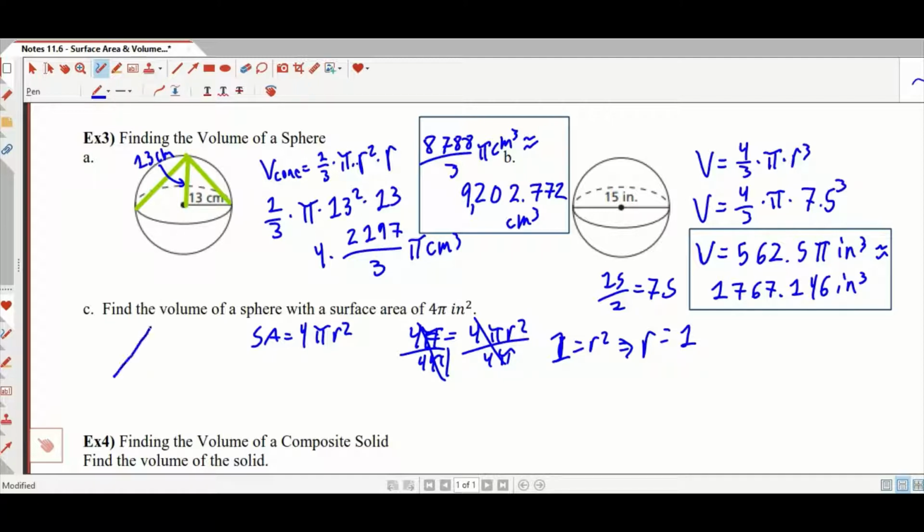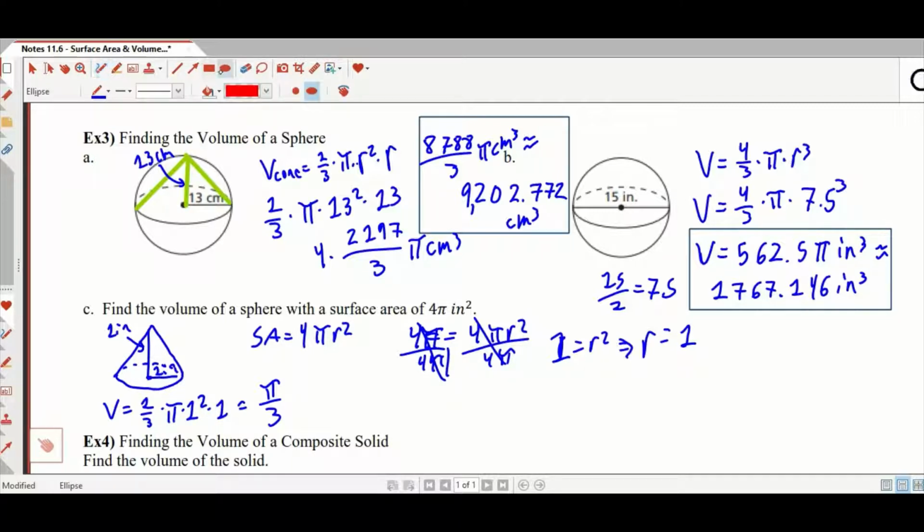So again, I imagine this cone with a radius of 1 inch and a height of the same. And the volume of that cone is 1/3 times pi times the radius squared times the height, which is the radius again, which means that that's really just pi thirds. And it turns out that 4 of those cones fit inside of the sphere that you could put around it.